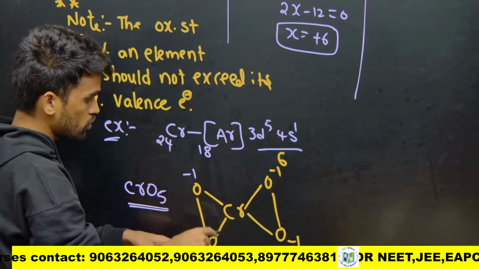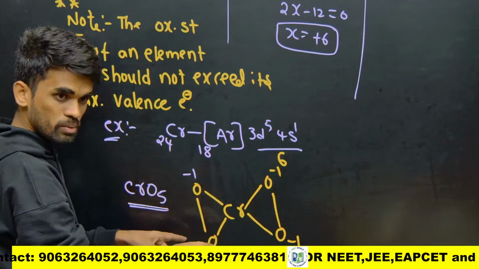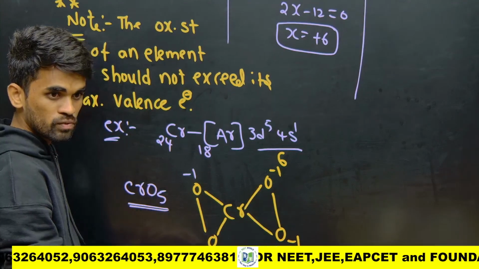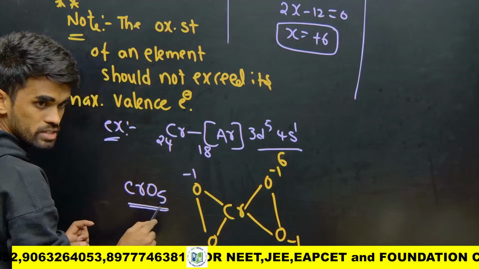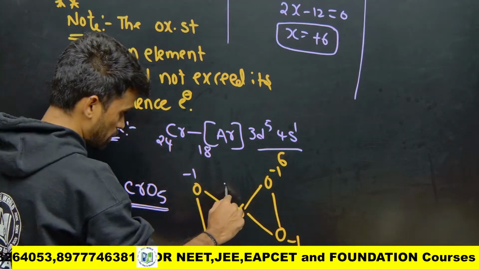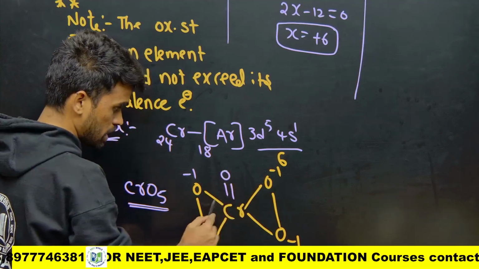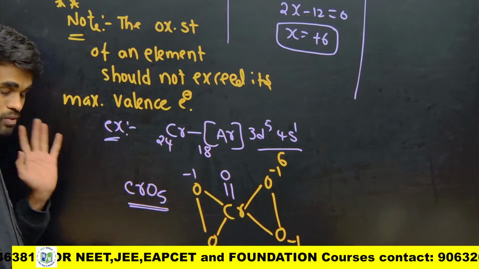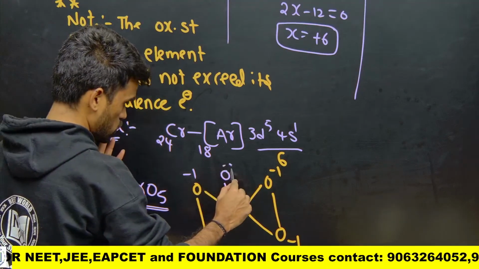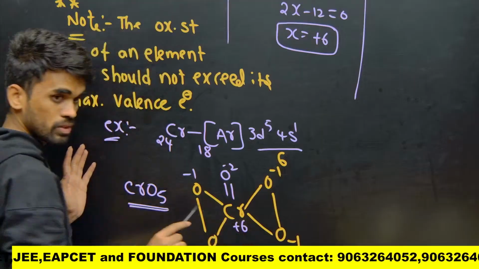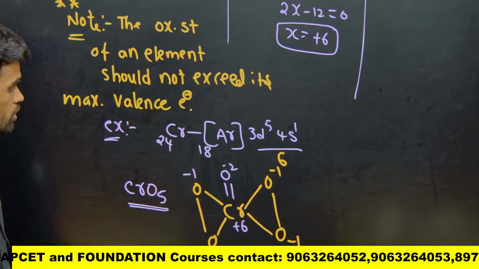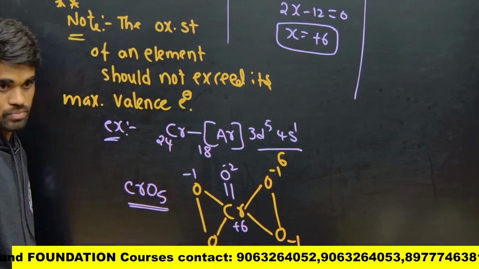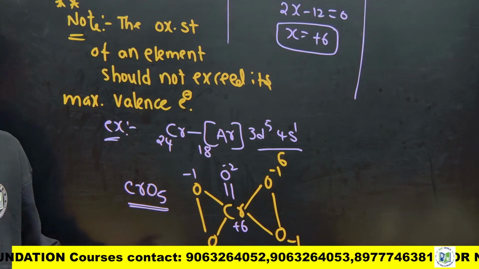So as of now 4 oxygens are over, each one -1, so chromium is +4 so far. 1 more oxygen is there. If you put a double bond, no issues at all, because +6 is the maximum. Now we got +6 with -2 here, +6 overall, right? So this is a structure you can call the butterfly structure. Hope it is clear, right?